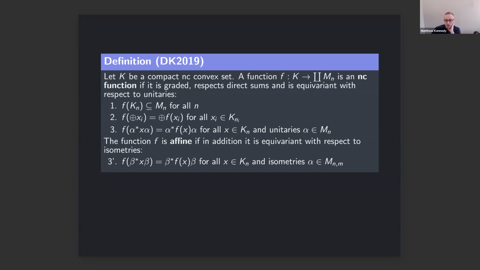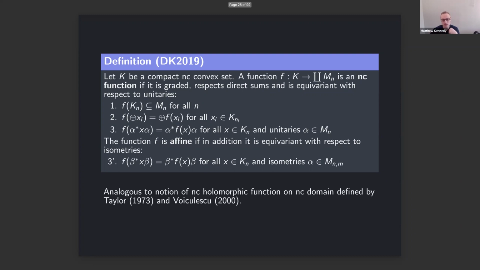So this turns out to be exactly the distinction in the non-commutative setting between functions that are affine and general functions. And if you're familiar with the notion of a non-commutative holomorphic function, considered first by Taylor in 1973, and then by Voiculescu in his theory of free analysis in 2000, and by many other people subsequently, this is very, very similar to that definition.